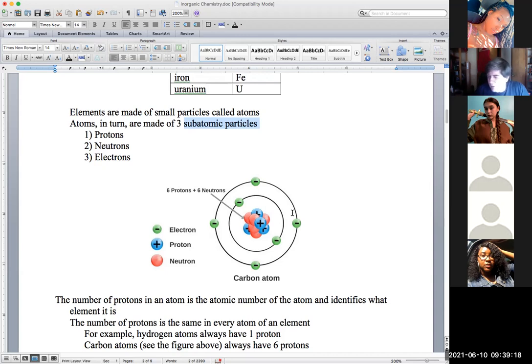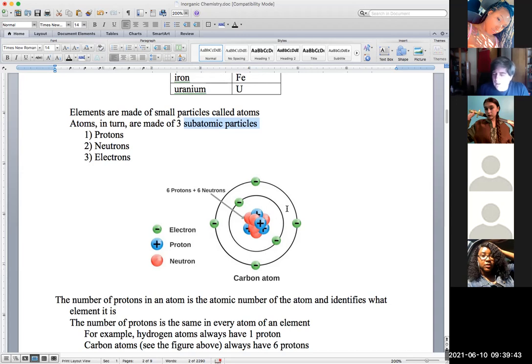If you think about diagrams of the solar system that you saw when you were in grade school, probably still now even actually, in the center of the solar system is the sun. In the center of our atom is an area called the nucleus. And the protons and neutrons are found in the nucleus.